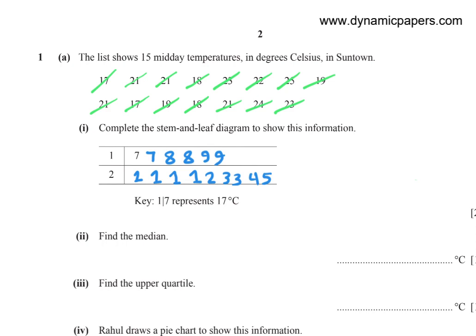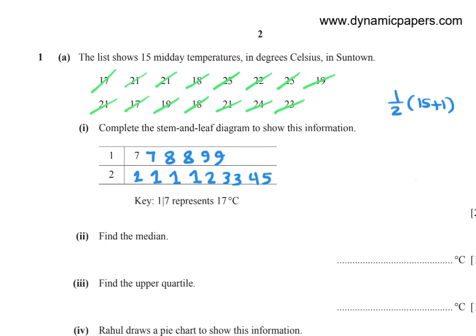From stem and leaf, can we find the median? Yes. To find the median, we have 15 values. It is odd, so we have 1 at the middle. To find the order of the median, add 1, then divide by 2, or half times n plus 1. Half times 16 is 8.